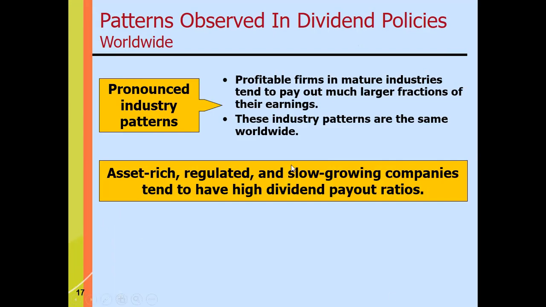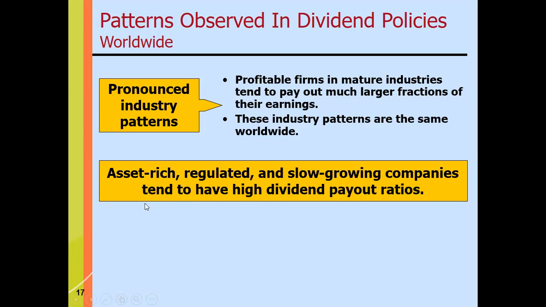Profitable firms in mature industries, especially those already at the saturation of their respective businesses, tend to pay out much larger fractions of their earnings than, let's just say, still-growing companies. So they might be just keeping their monies to be able to really maintain growth. Now, these patterns are the same worldwide.